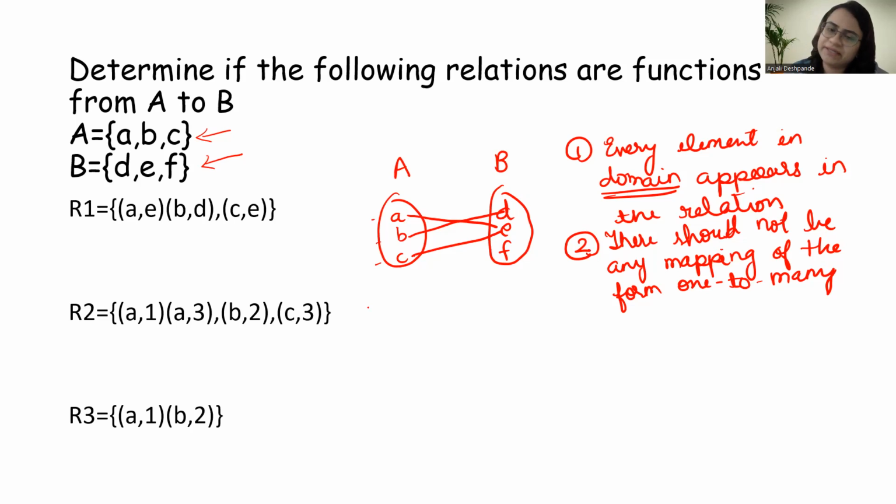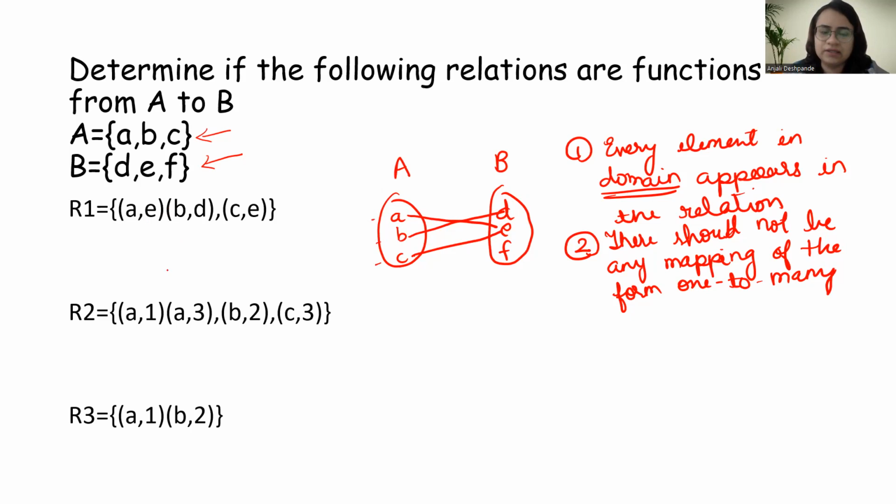Multiple elements can be related to the same element in the second set. As you can see, a is related to e, also c is related to e. That is fine. But one single element in the domain should not be related to multiple elements in the second set. That you have to take care.